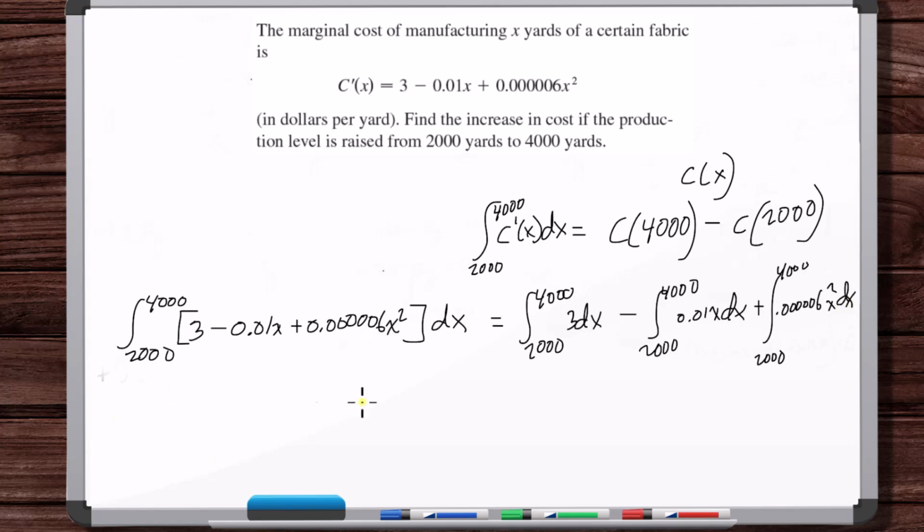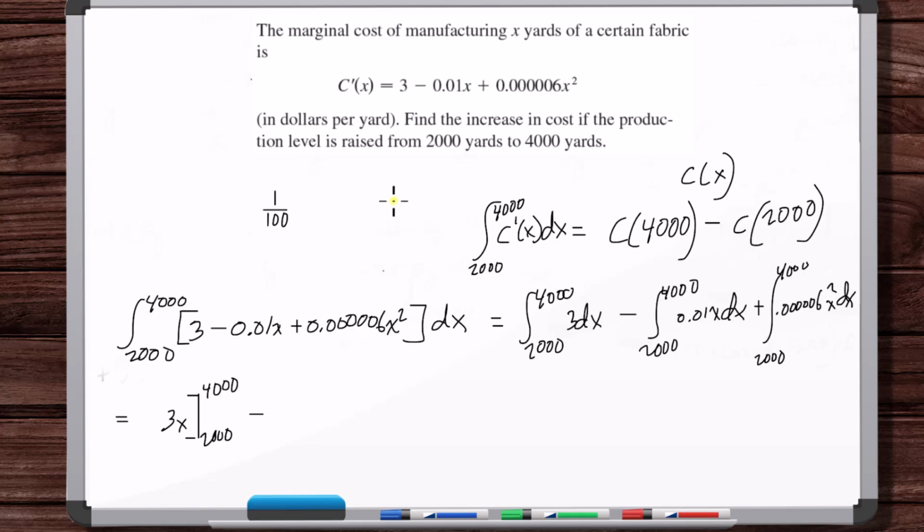Okay, so now this integral here, the first integral is going to be 3x. Well, let me put an equal sign. Okay, so we've got 3x, then from 4,000 to 2,000. This is going to be 1 over 100 out front, that's 0.01.